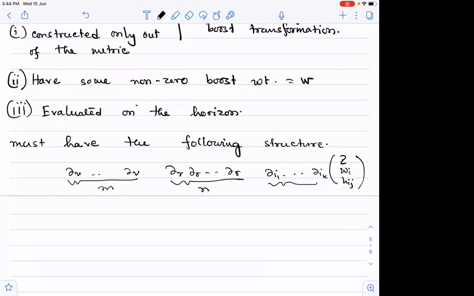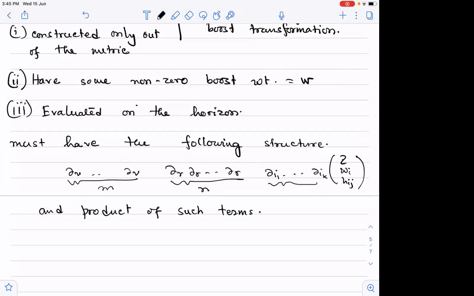It need not be that all of them are acting on one thing and their products. So this is the only structure possible. Some derivatives acting, there is no explicit factor of R, and if you evaluate any tensor component, the only structure possible is products of such terms. But the boost weight gives something more.